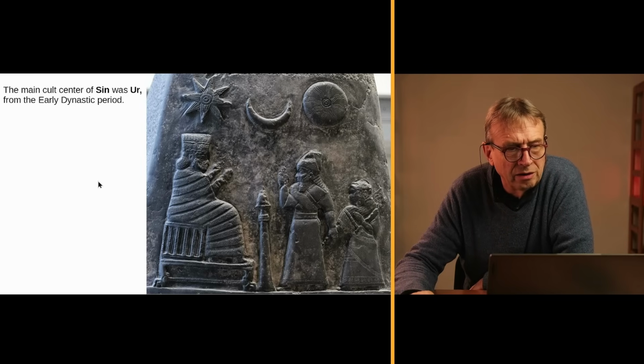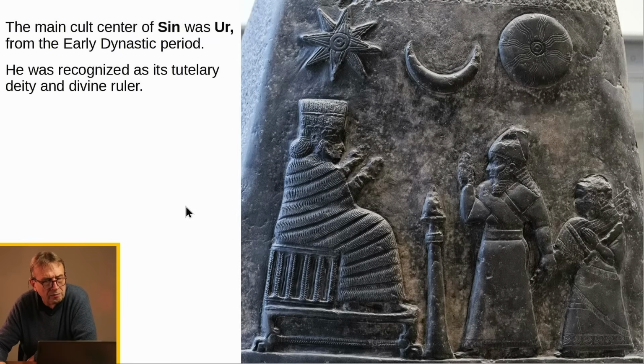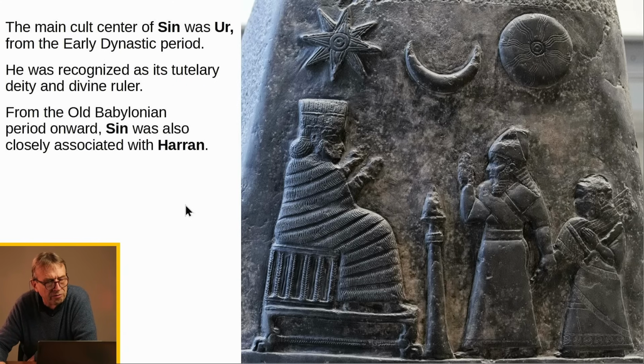So the main cult center of Sin was there, and Sin was recognized as its tutelary deity and divine ruler. Sin was also closely associated with Harran. So we see that this relationship between the two cities and Harran is linked to the god Sin also.